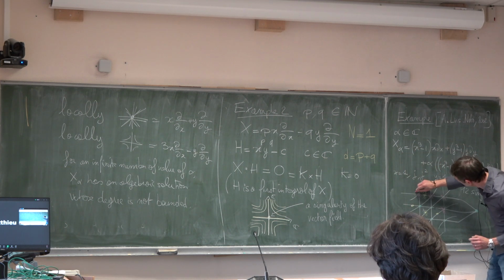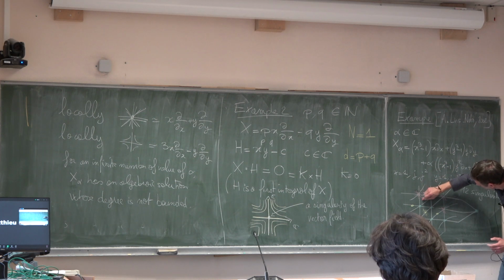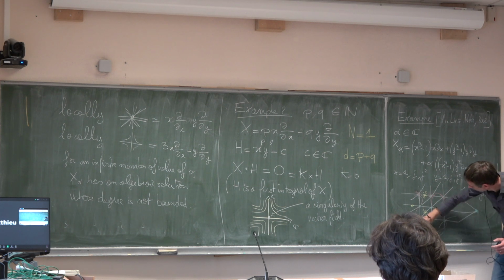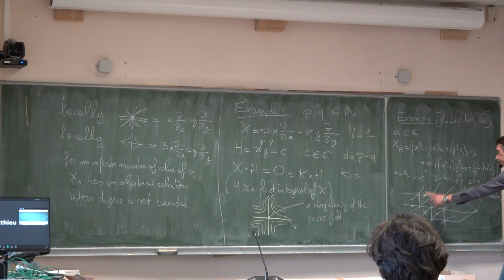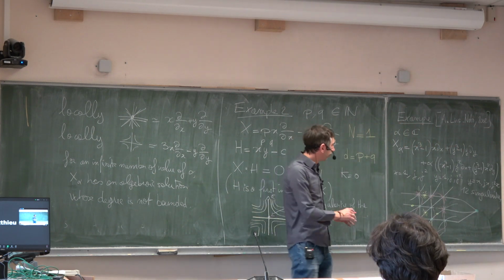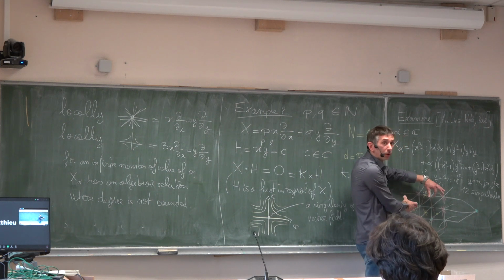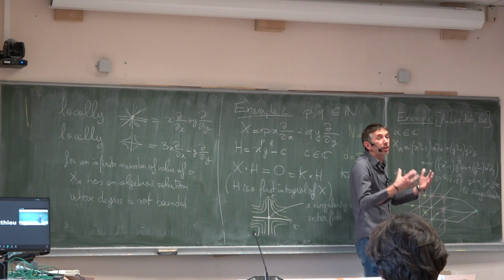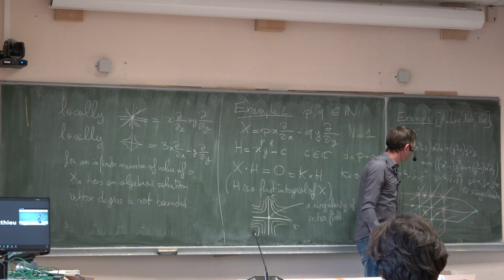So you find a curve like that, which goes through all these singularities. And if you change the value of alpha, you get more and more complex curves. And so the degree is going to be bigger and bigger.